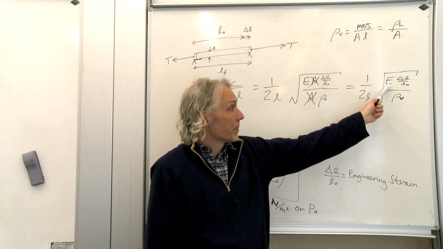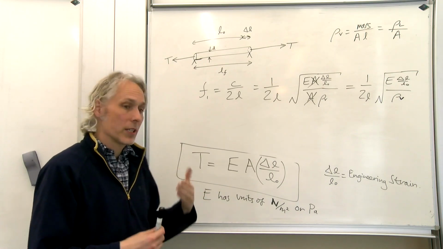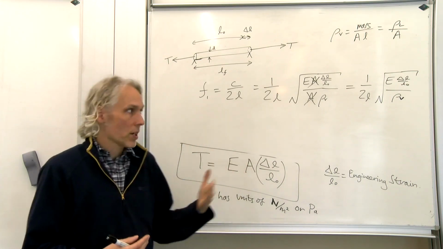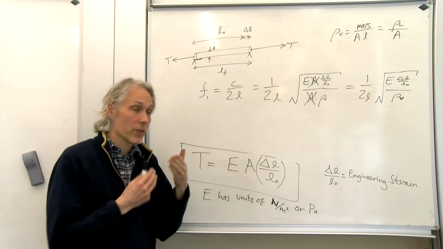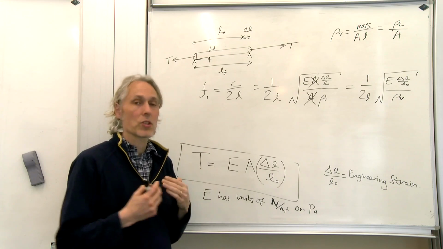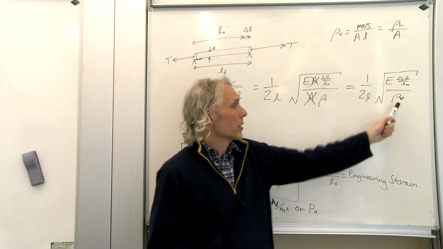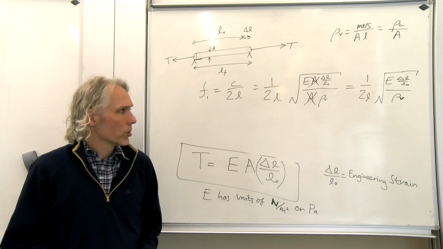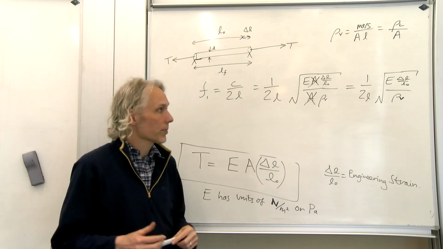And the E, the fundamental property that relates the stress and the strain for steel, is again a fundamental property of the material. The E doesn't change for different widths of string either. So both E and rho V don't change when you look at different unwound strings.